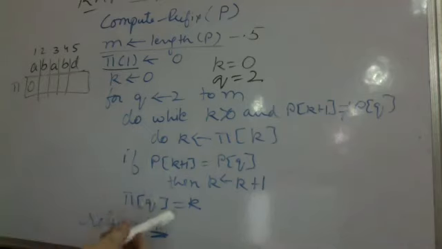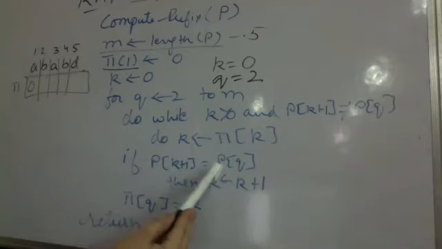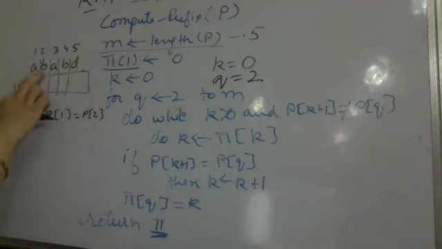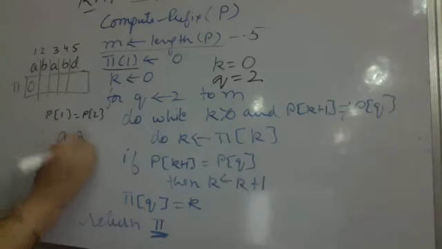If p of k plus 1, which is p of 1 in our case, is equal to p of q. If pattern of 1 is equal to pattern of 2, हमारे केस में 1 और 2 इक्वल नहीं है, a is not equal to b. अगर ऐसा होता तो pattern of q में अगर if we had a and a, तो second a में 1 would have been stored.